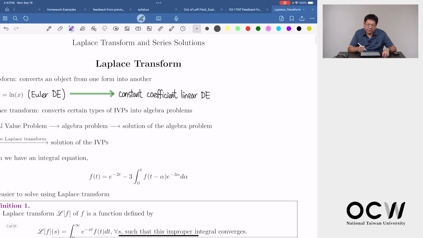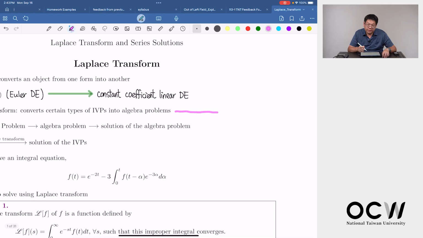Let's write it here: I can solve that easily, or easy to solve. Oh, and also we can mark down that this is an algebra problem.